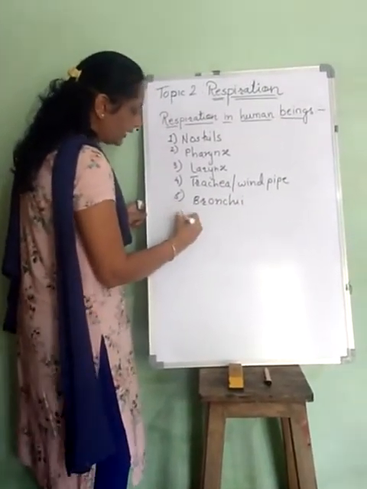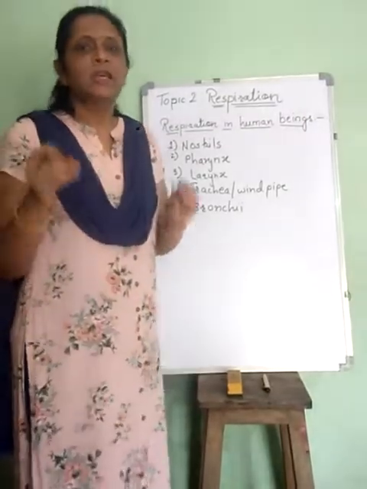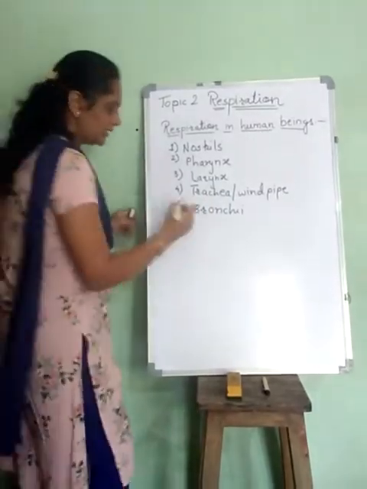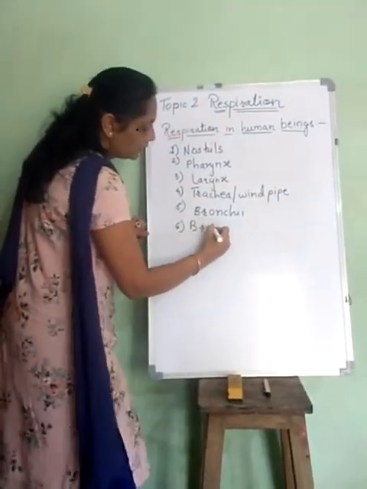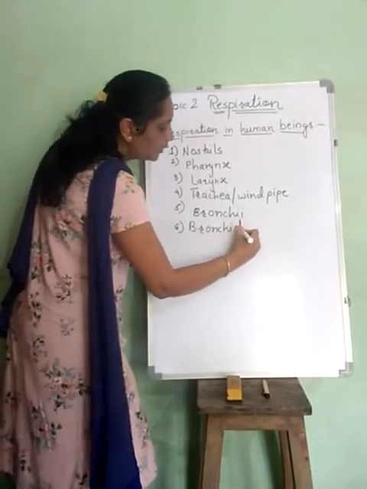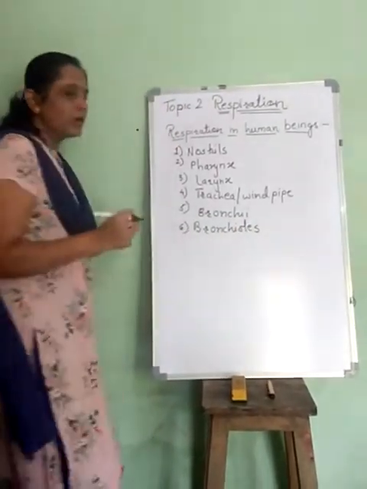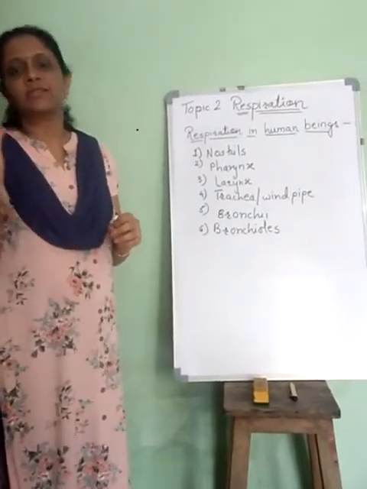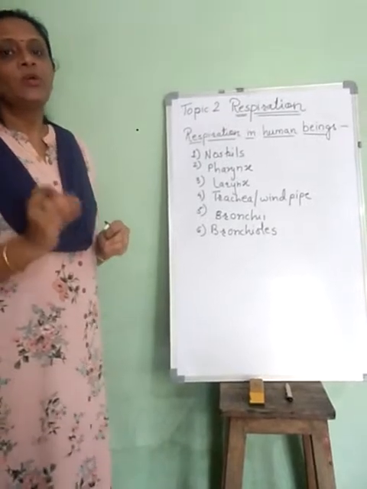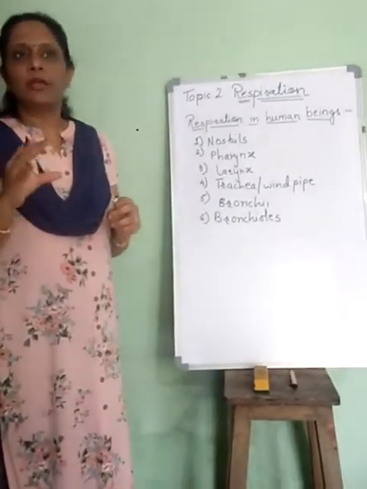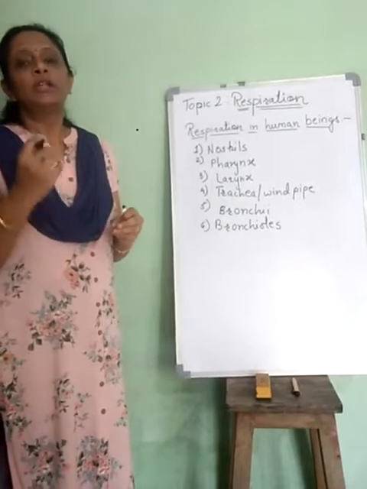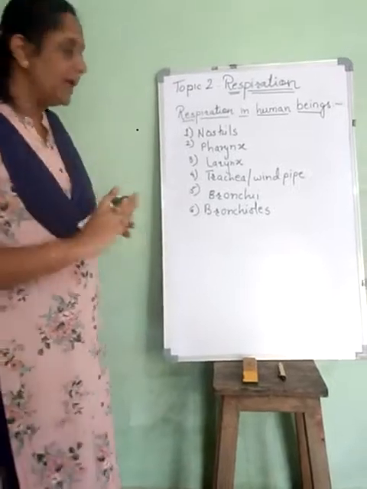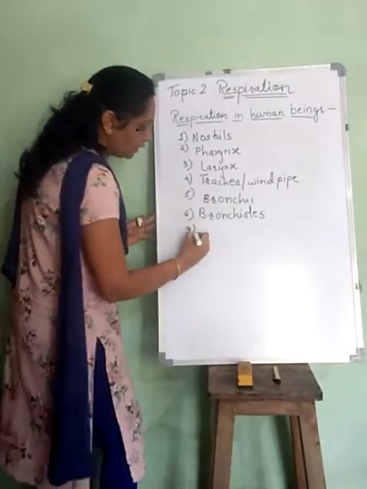Then these bronchi divide into small tube-like structures which go down in the lungs, and these are called bronchioles. These bronchioles extend down and end in small sac-like structures, which expand and contract for the purpose of taking in air and exchanging it with the blood, and these are called alveoli.